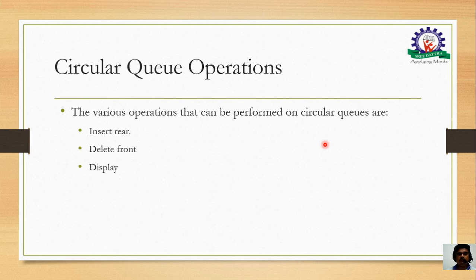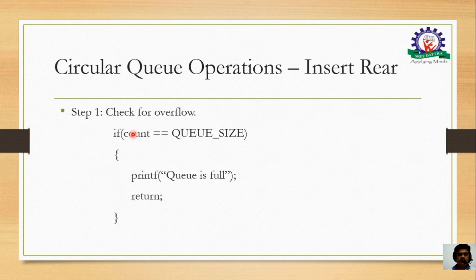Now let us concentrate on insert at the rear. I hope you remember, whenever I go for insertion, first I will check whether the queue is full or not. So the first step in insertion at the rear is to check whether the queue overflows.